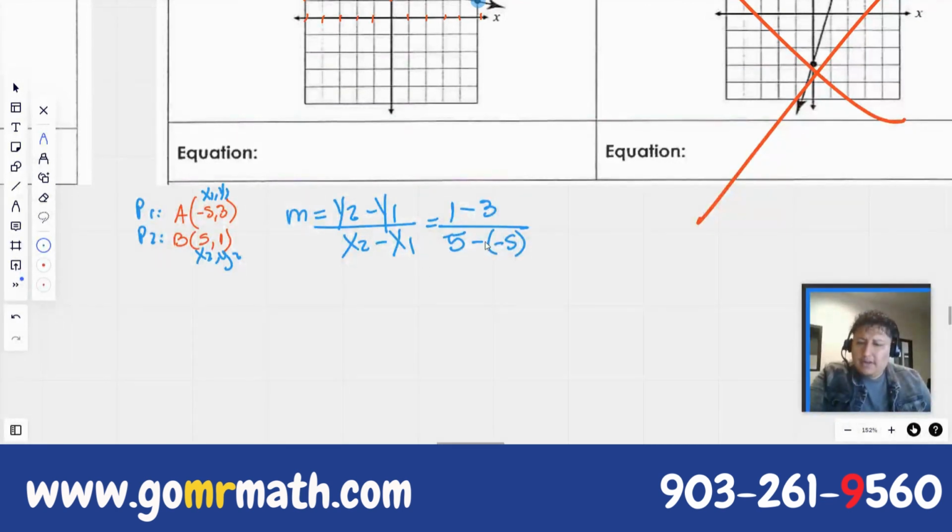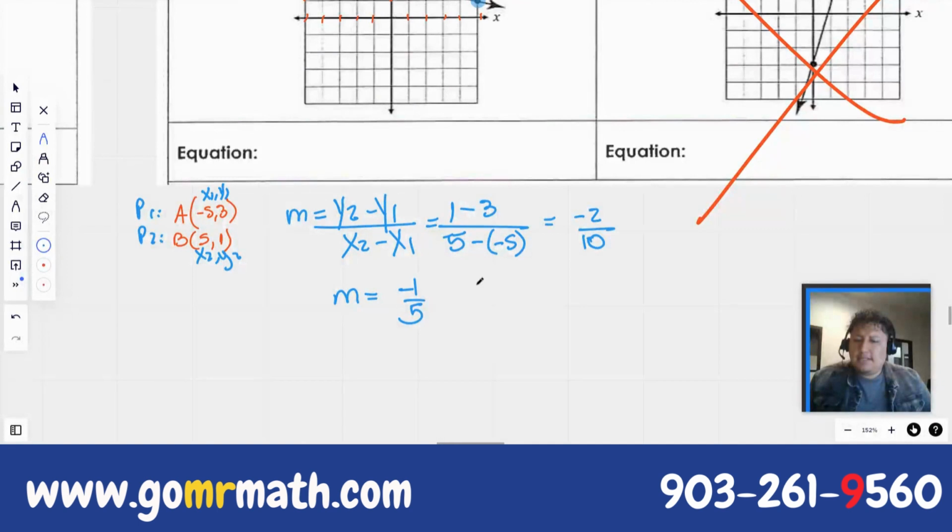Common mistake in here is that we just put a straight 5 minus 5, and that creates 0 in the denominator, and then even if we're using a calculator, we have a big trouble in there. 1 minus 3, -2, divided by 5. This is +5. That'll be 10. This is -1 over 5.